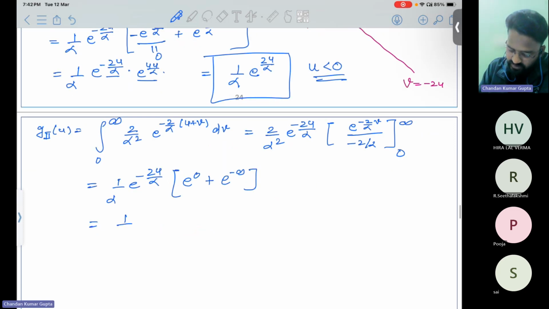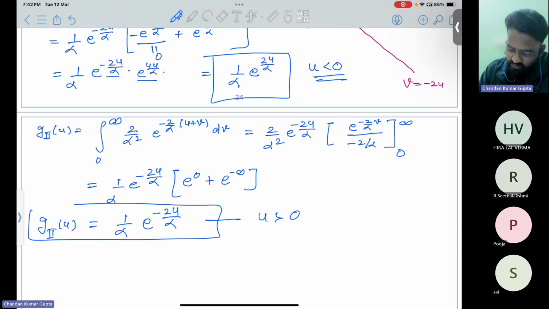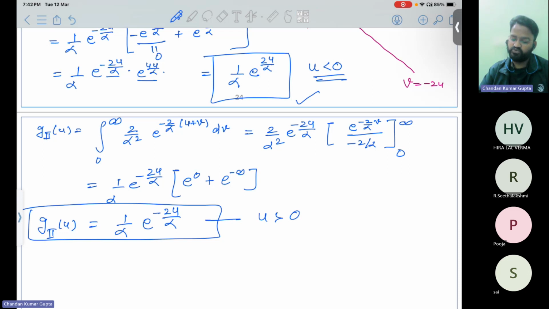So it comes out to be 1 by alpha e to the power minus 2u by alpha for the second region, for u greater than 0. Now you may see 1 by alpha e to the power 2u by alpha, and 1 by alpha e to the power minus 2u by alpha.